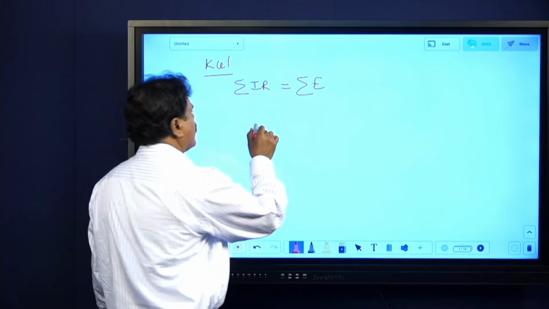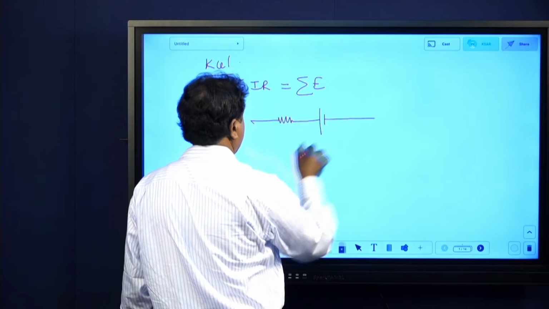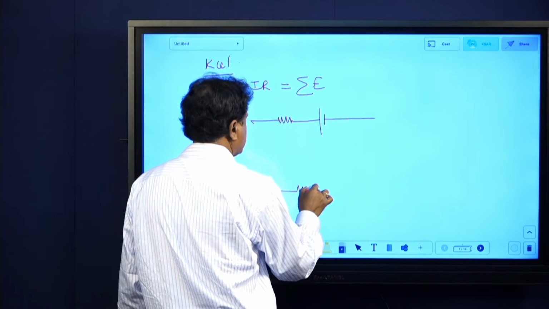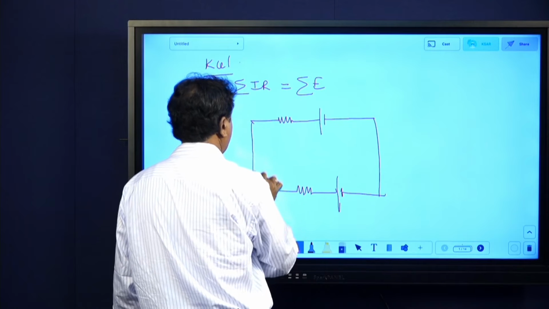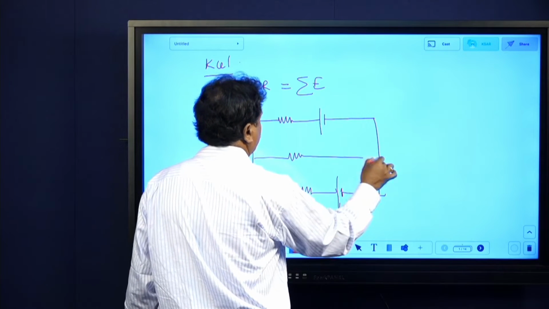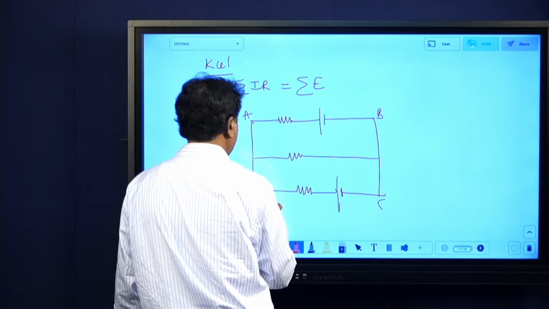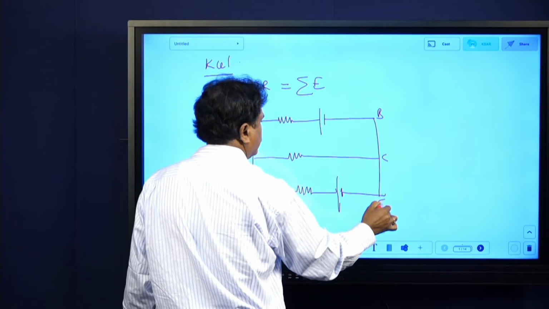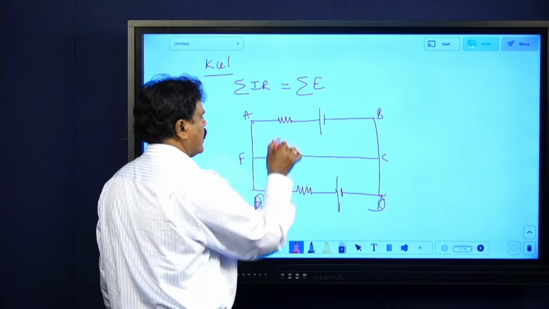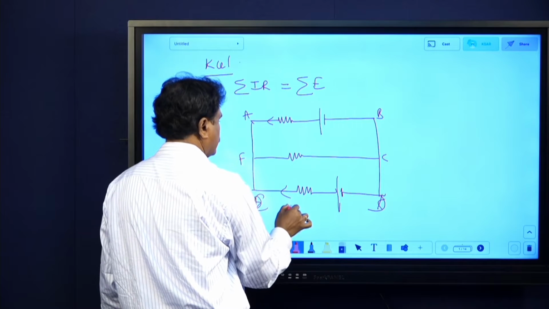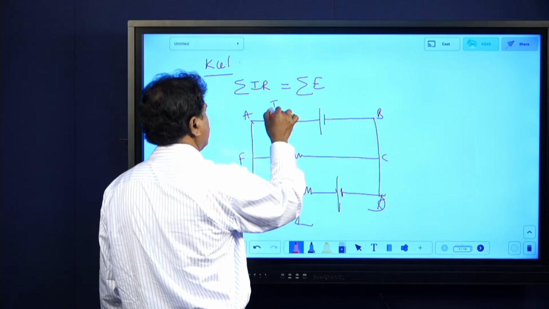Say I will give one circuit. Here this is connected to one cell, and here this is also connected to one cell. One more branch I take like this. I call the points A, B, C, D, E and F. Here I take the current like this, usually any method you can follow: I2 and this is I1.